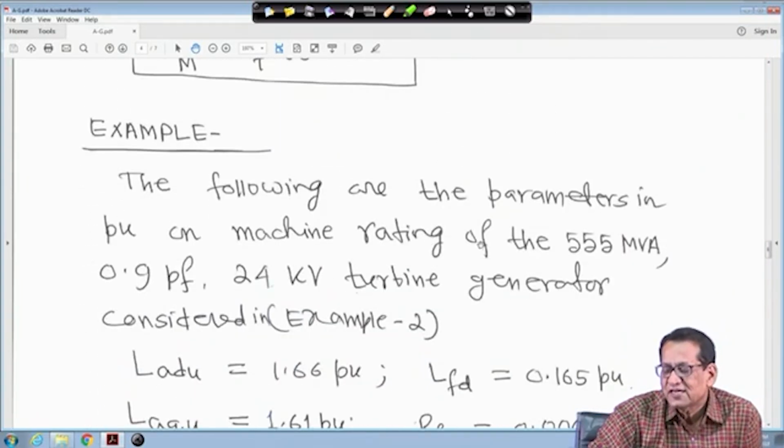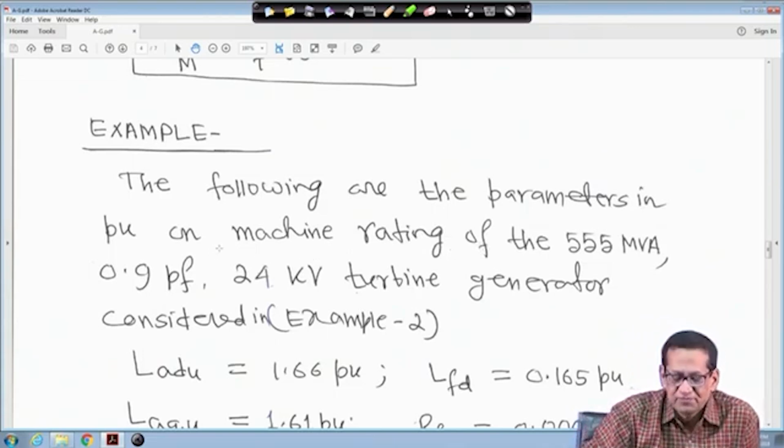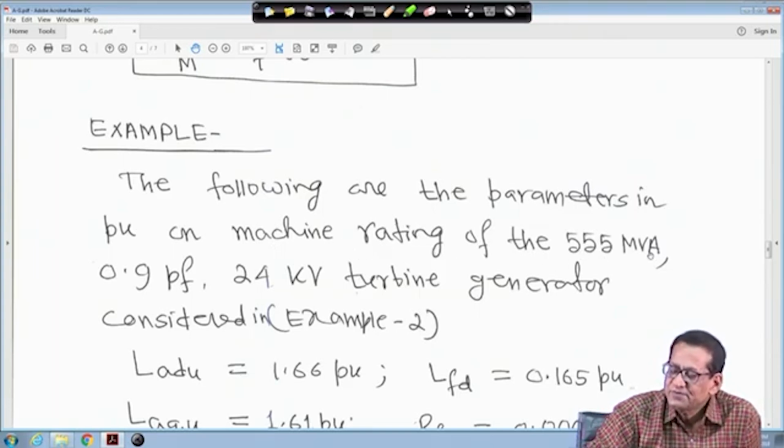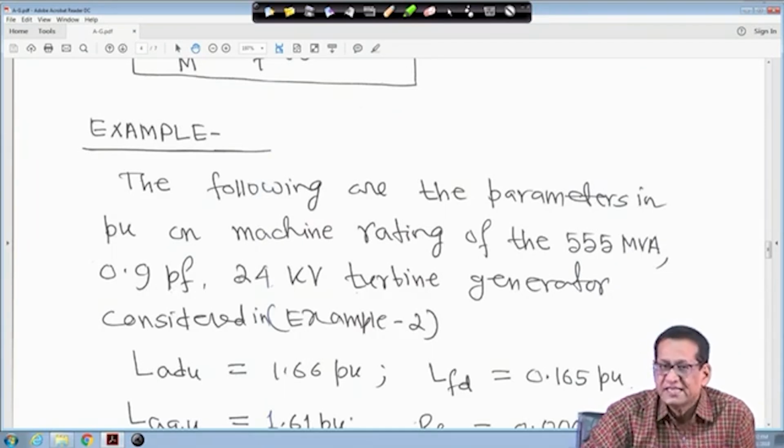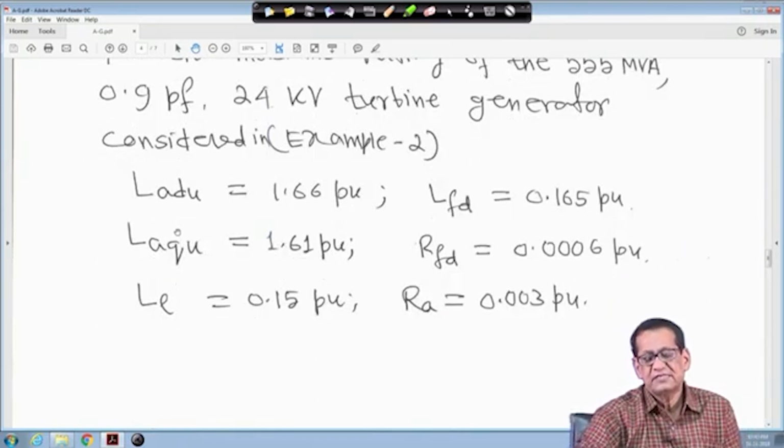The following are the parameters in per unit, on machine rating of the 555 MVA, 0.9 power factor, 24 kV turbine generator considered in example 2. 0.9 power factor means lagging. So, the following parameters are also available in that example, but rewritten here.